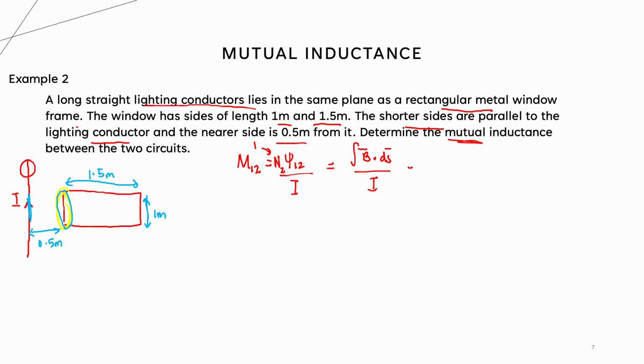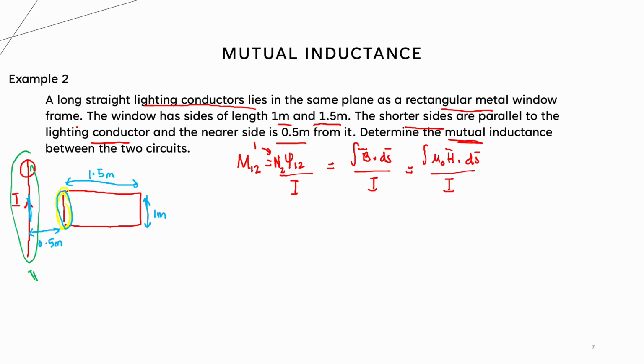So from here we need to know mu naught H dot dS over I. Which one will produce the H? So this one will produce the H field.